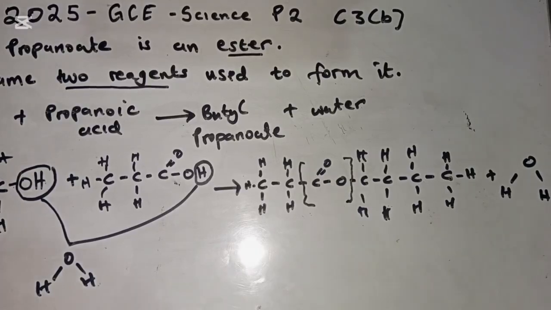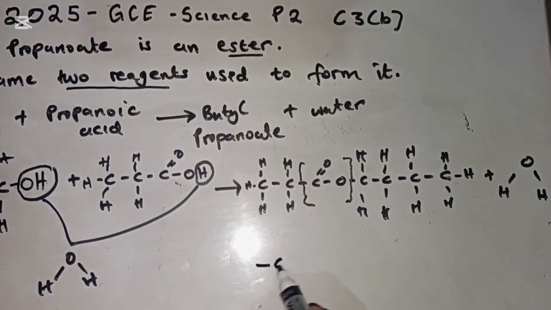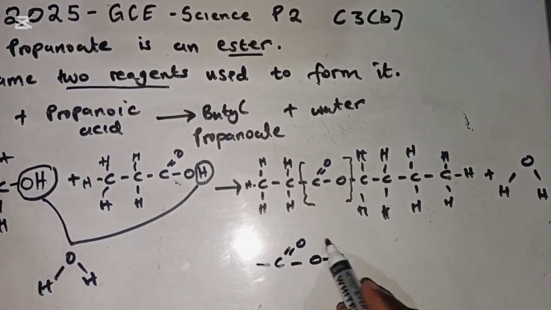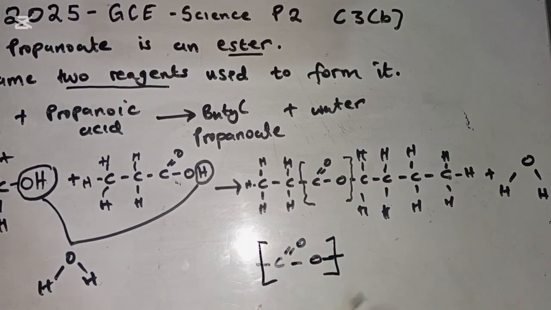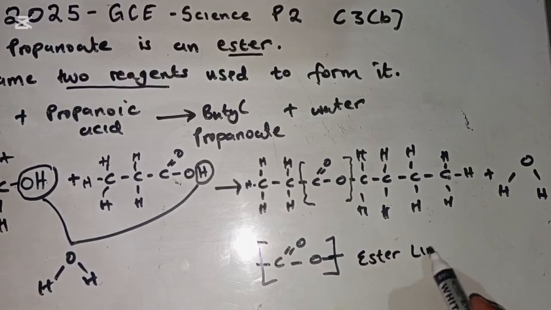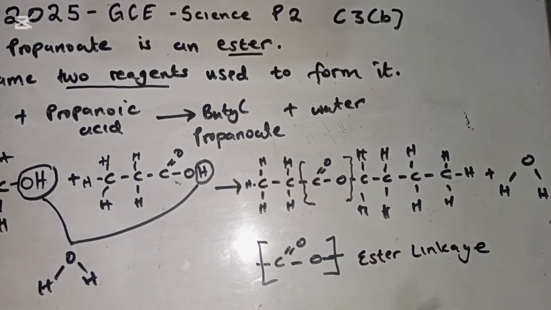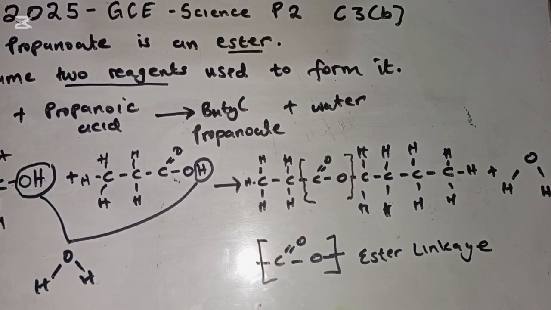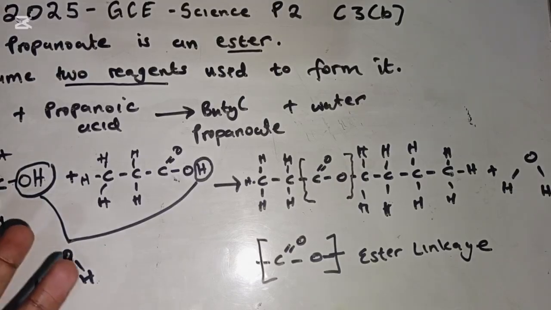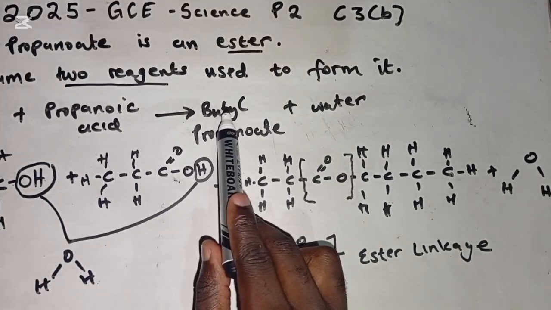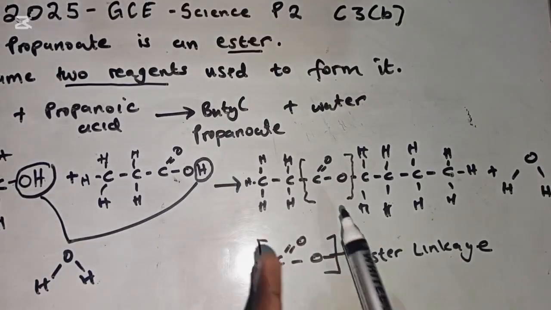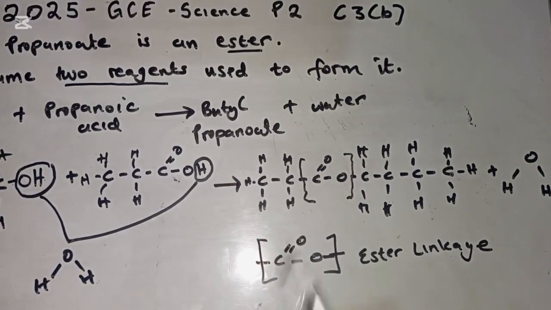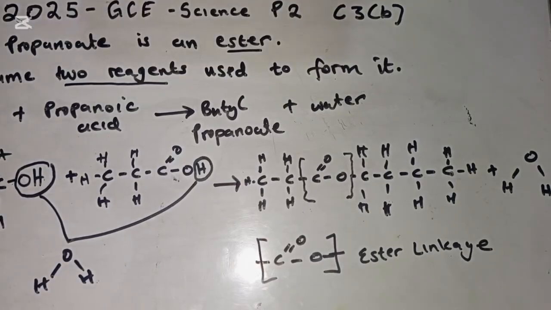We have a link here, and this link, we call it the ester linkage. So when naming, we start with the alcohol, but when drawing, start with the acid. You are going to get a perfect ester linkage.